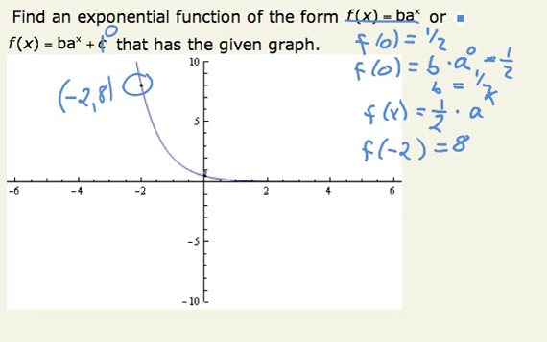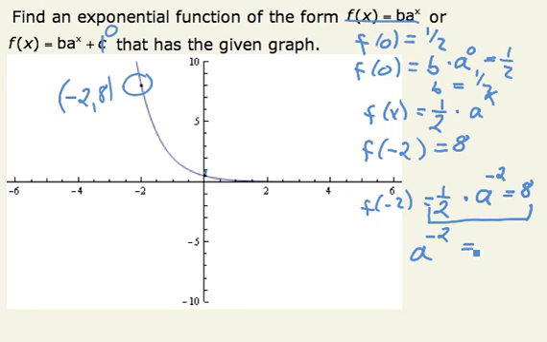Well, if we look at the original function, f of -2 must be 1/2, that's b, times a, which I'm not sure of, to the -2, and that must equal 8. If we look at this equation, multiply both sides by 2, we have a to the -2 must equal 16.